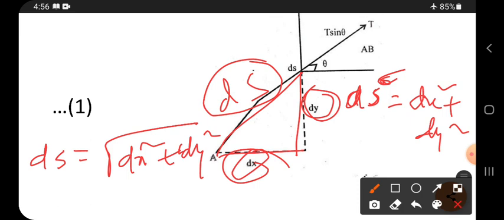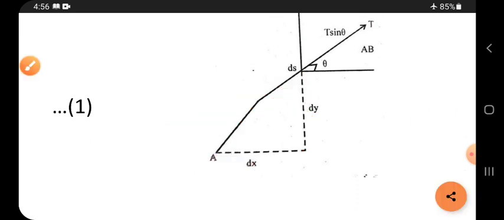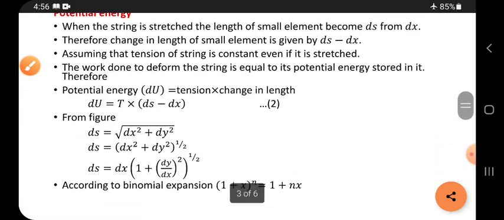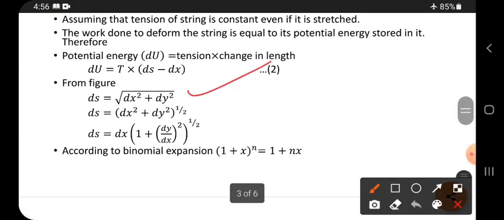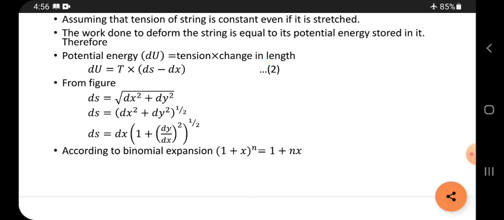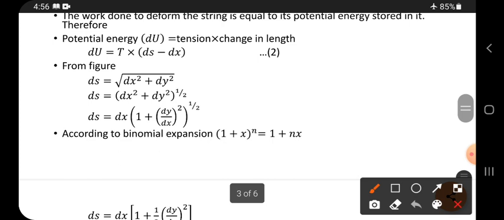Okay, so the same figure has come. ds is equal to under root dx square plus dy square. Is it now clear? Okay, and we can write this root like this also. Next, what we have to do is bring dx square outside. So for the dx square, the root also comes.